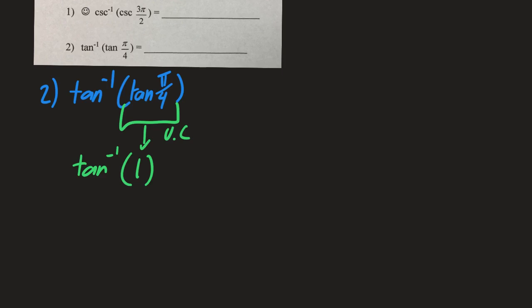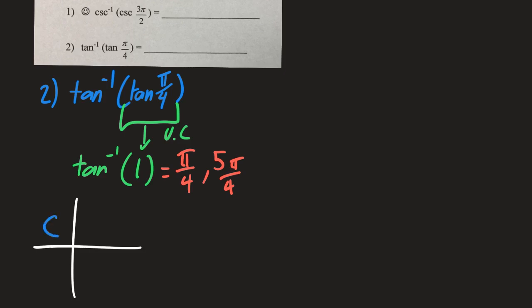And we can go back to the unit circle and we will find, where is the tangent equal to 1? There are two angles: pi over 4 and 5 pi over 4. We can do our little domain check to make sure that we are in the right area. So let's draw the little chart one time. We've got our coordinates, and then we've got cotangent and tangent, okay?